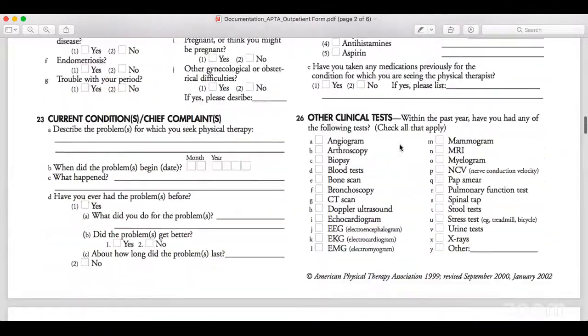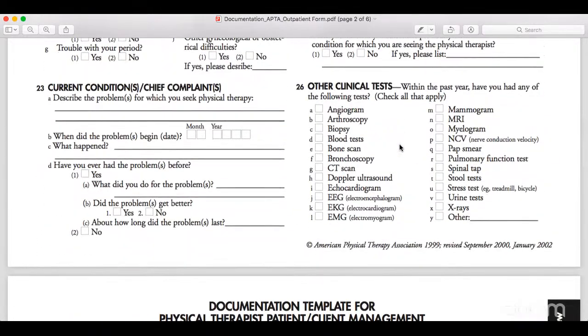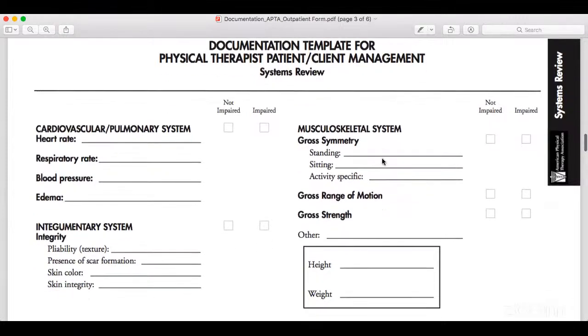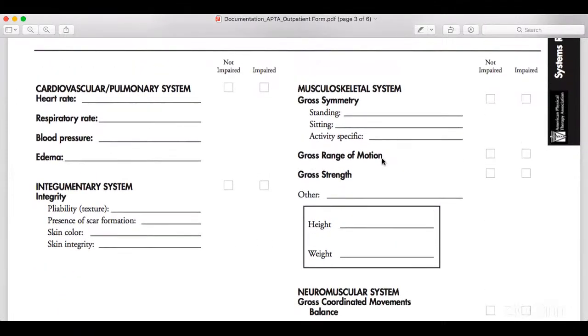I've talked about medications, then other clinical tests, if they have already done them. If they have not done them, then at the examination level, you're going to send the patient to do all those things. Then this is something we are going to discuss when we get to Saturday, looking at systems review. As a first contact person, you are going to review every single system of the body.